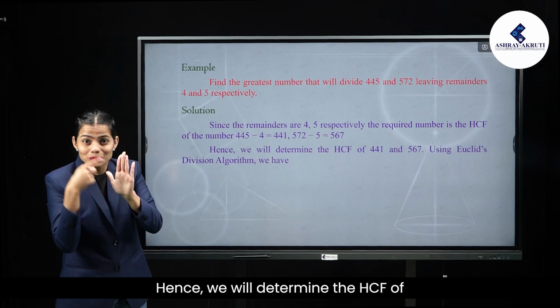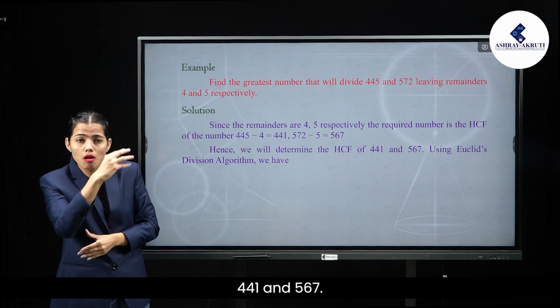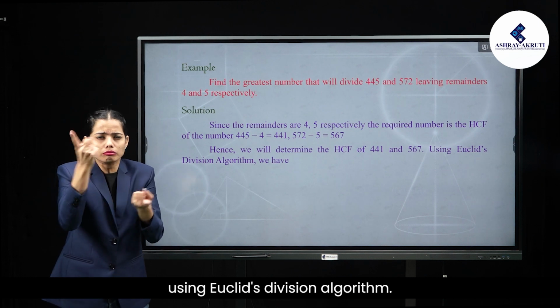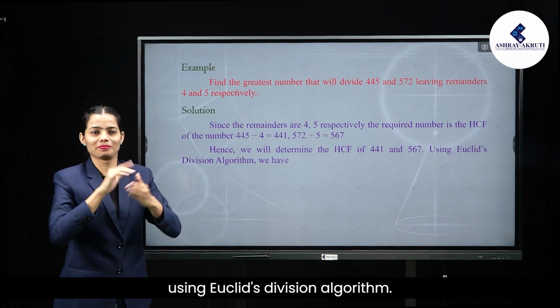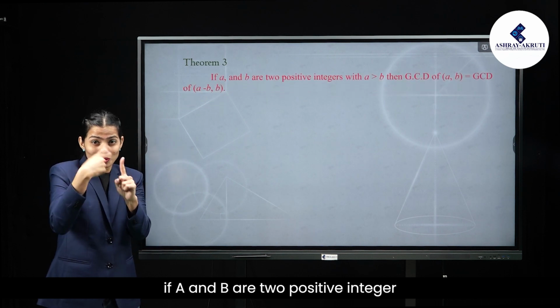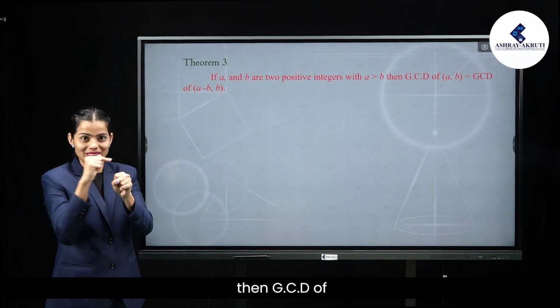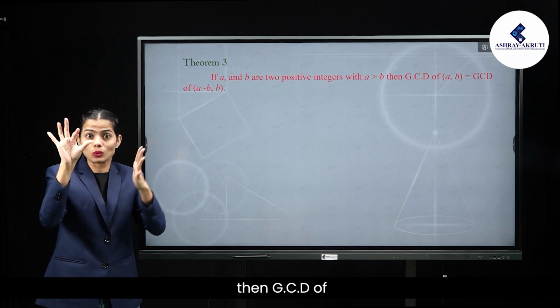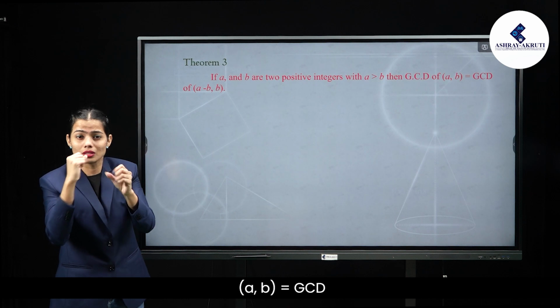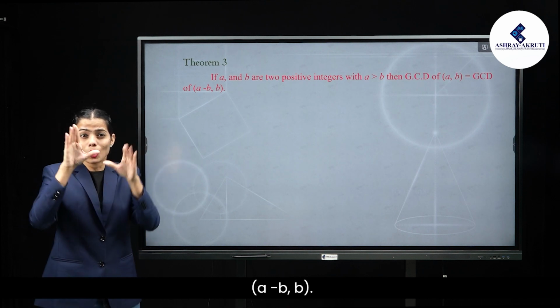Hence, we will determine the HCF of 441 and 567 using Euclid's division algorithm. Theorem 3. If A and B are two positive integers with A > B, then GCD of A and B is equal to GCD of A - B and B.